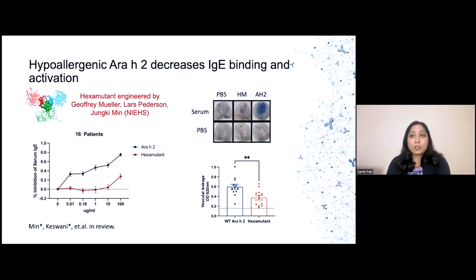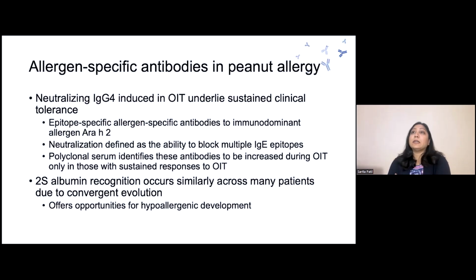And when we again turn to a murine model of passive cutaneous anaphylaxis, the hexamutant induced a significantly lower response than ARA-H2 alone, suggesting that by mutating specific amino acids within these regions, we can actually decrease the allergenicity of ARA-H2.